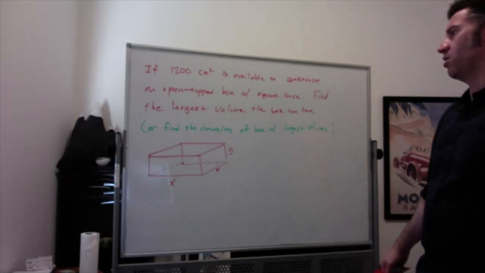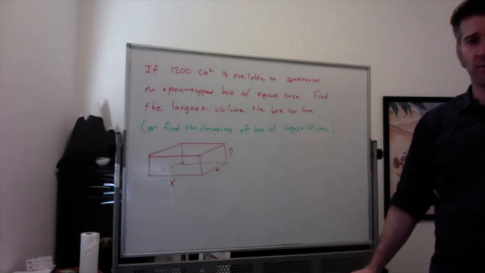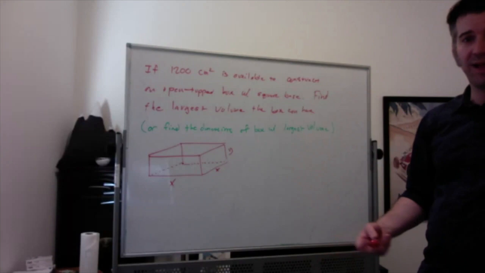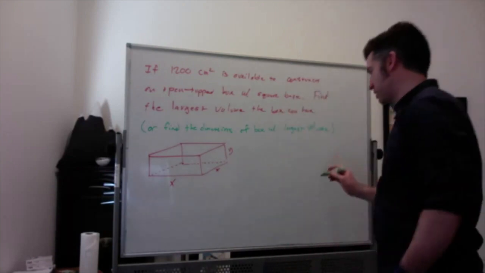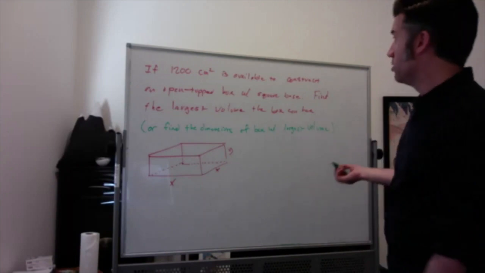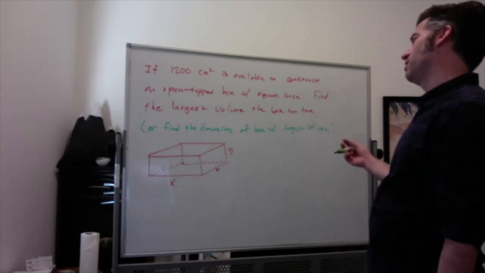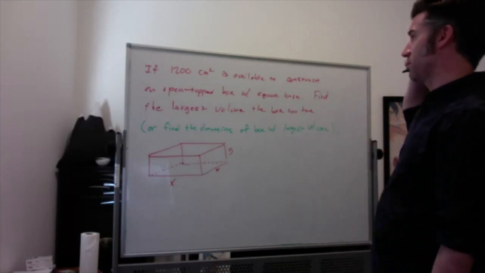Something else I want to point out, there are lots of different shaped boxes you could construct. You could make a box that was stupid. Oh, sorry, now I'm having to think about what my examples are going to be.